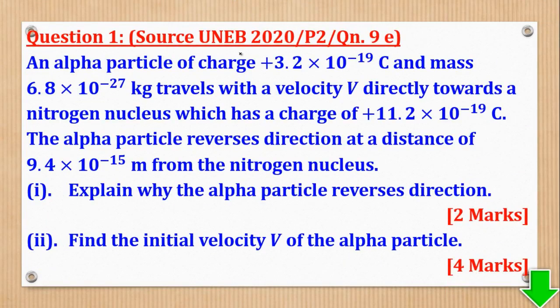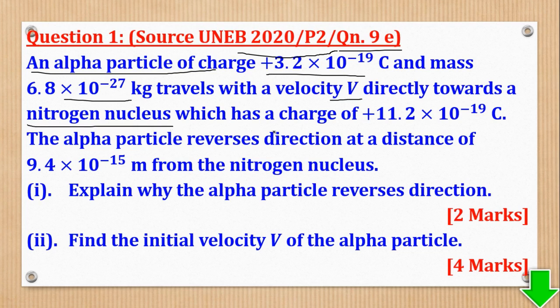So question 1 came from UNEB 2020 paper 2 question 9e, and it says an alpha particle of charge this and mass this travels with a velocity v directly towards the nitrogen nucleus, which has a charge of this.